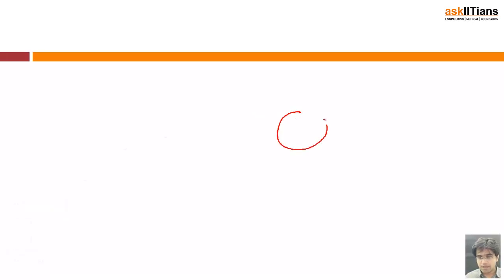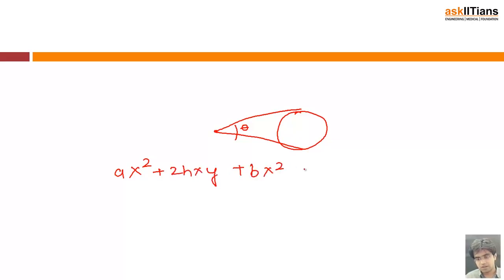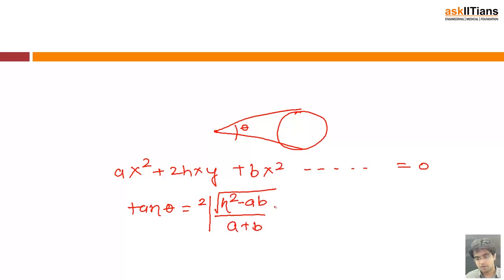This joint equation has many advantages. If you know it, you can easily find the angle between this pair of straight lines. If you have ax squared plus 2hxy plus by squared, and then the rest of the terms, then tan theta, the angle between the pair of straight lines, is twice root of (h squared minus ab) divided by (a plus b).